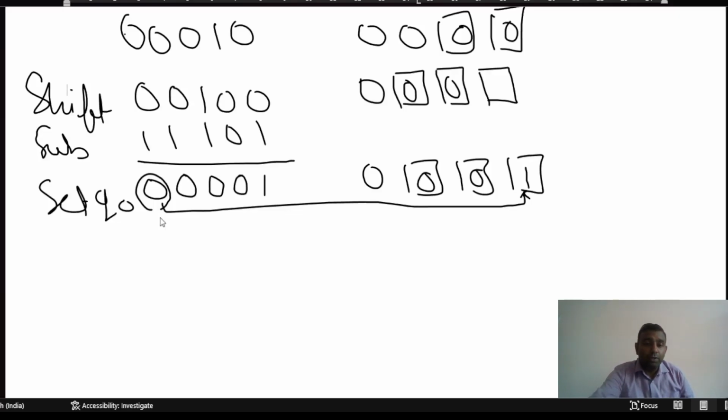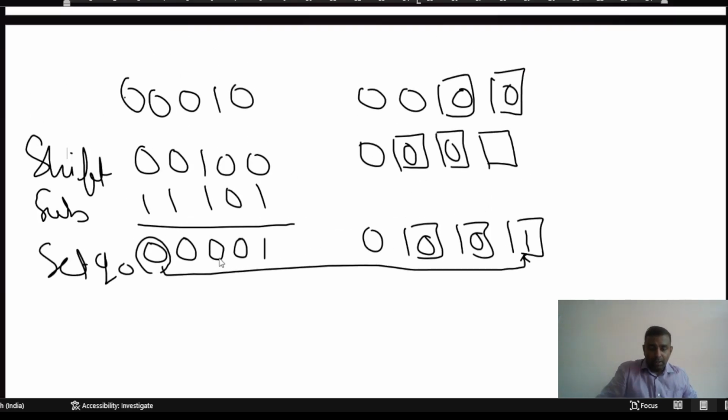We need to perform the restore operation only when the first bit of the subtraction result is 1. So in this cycle 3 we don't need to perform restore operation. This is our last result.